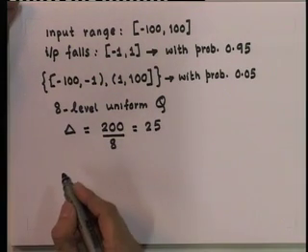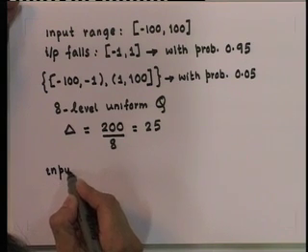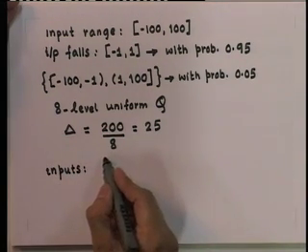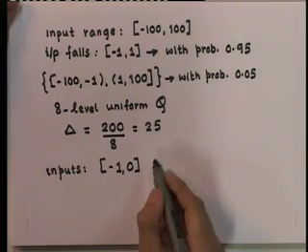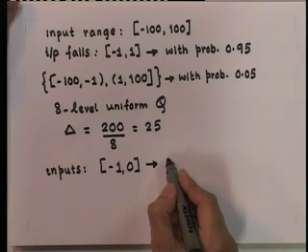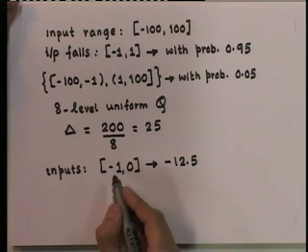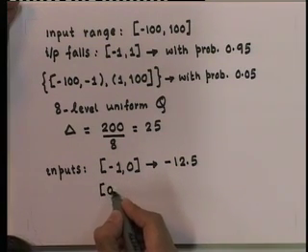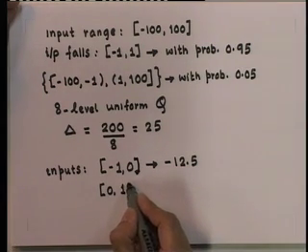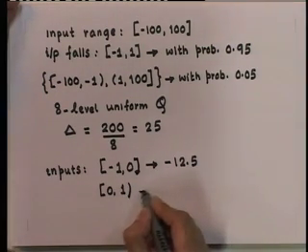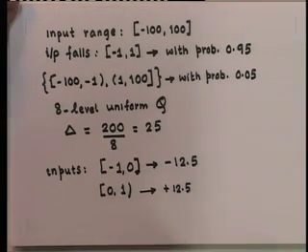What this implies is that the inputs in the interval between minus 1 to 0 will be represented by the value minus 12.5, and the input in the range between 0 and 1 would be represented by plus 12.5.